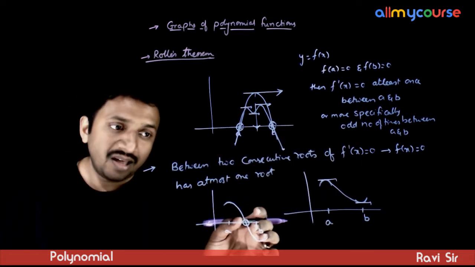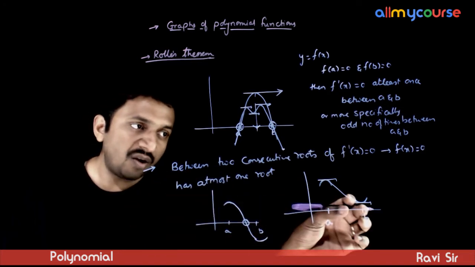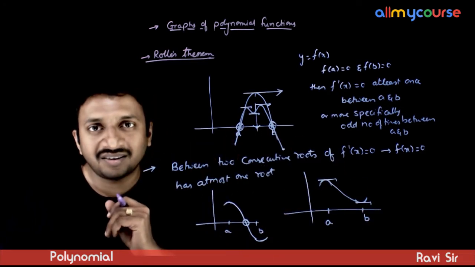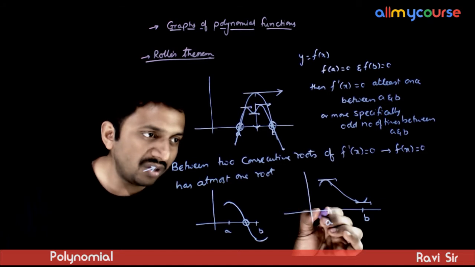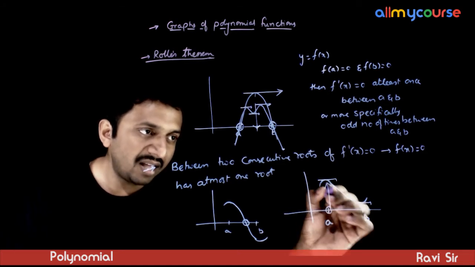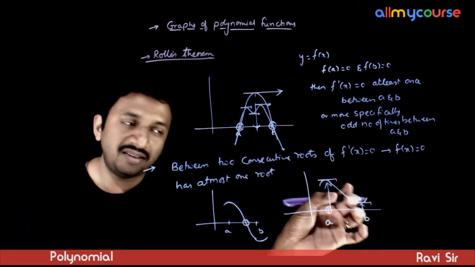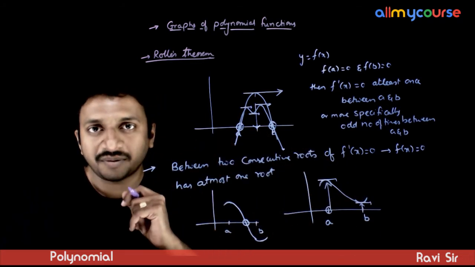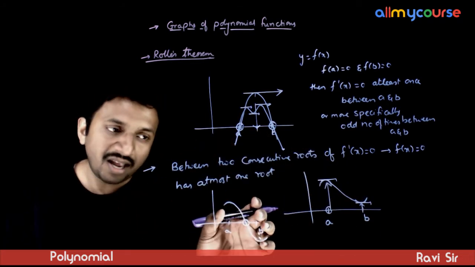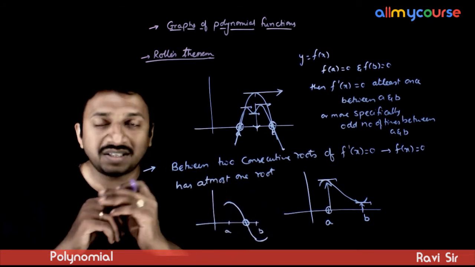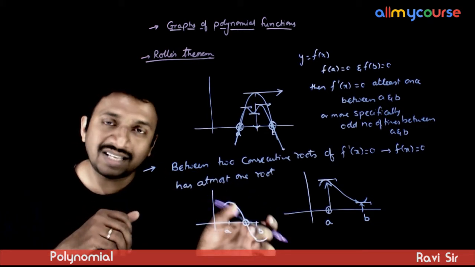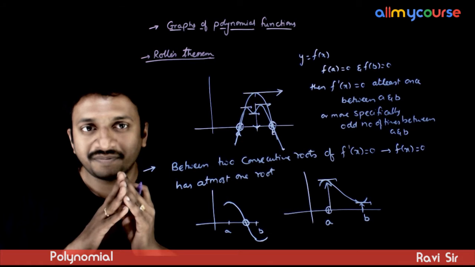Right? And when will you get a root and when will you not get a root? So if both f of a and f of b are of the same sign, then you won't get any root between a and b. If f of a and f of b are of opposite signs, then you get exactly one root between a and b.